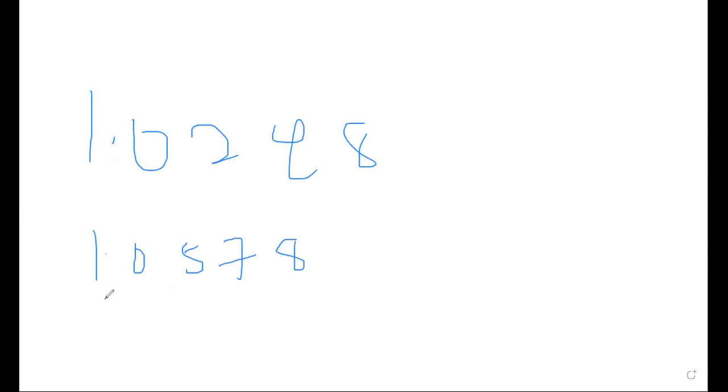How many pips did we move? Let us know whether it's downward or upward. Plus 3. Plus what? Plus 300 pips.